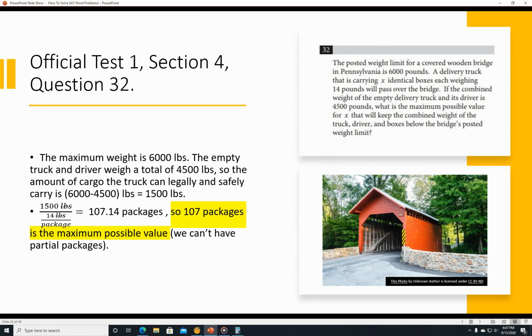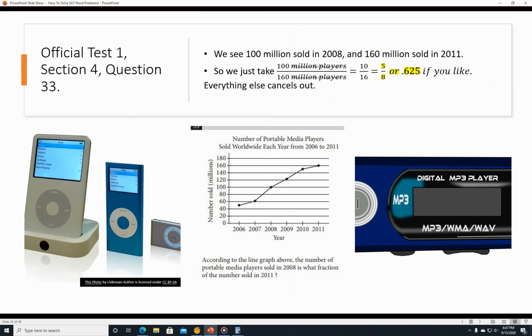Okay, so official test 1, section 4, question 33. So we see the number of portable media players sold worldwide each year from 2006 to 2011. According to the line graph above, the number of portable media players sold in 2008 is what fraction of the number sold in 2011?